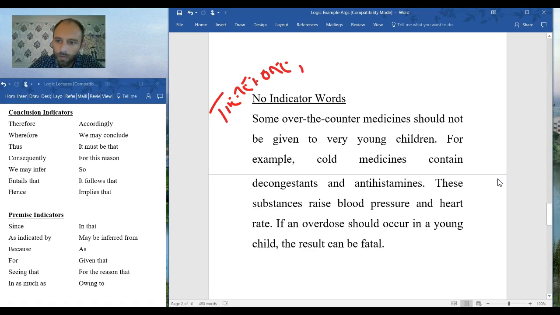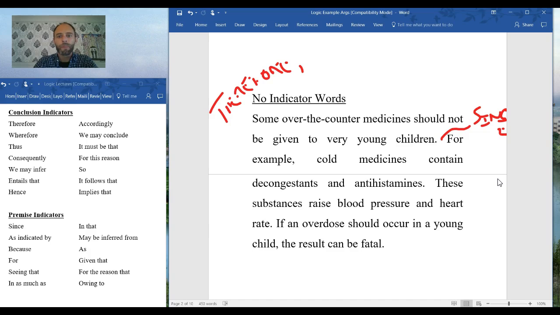And let's add a since here. So we add a conclusion indicator before what we think is the conclusion and a premise indicator before what we think is premise. And now let's try to read it back.